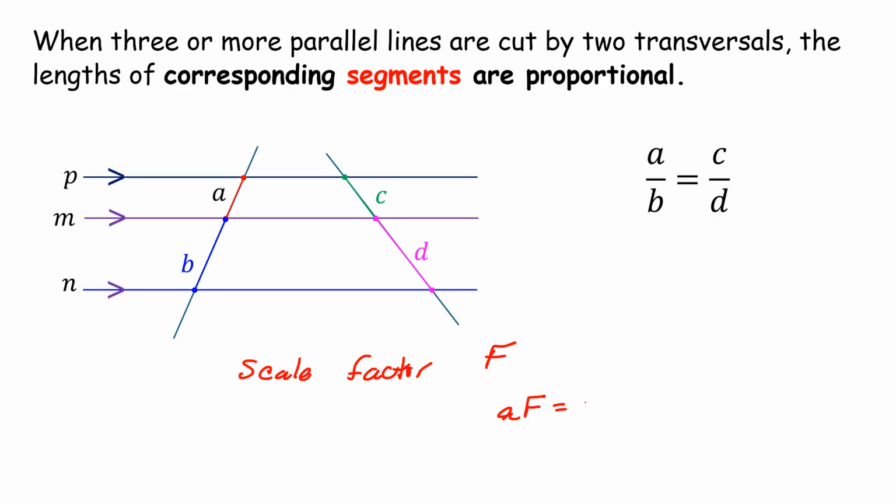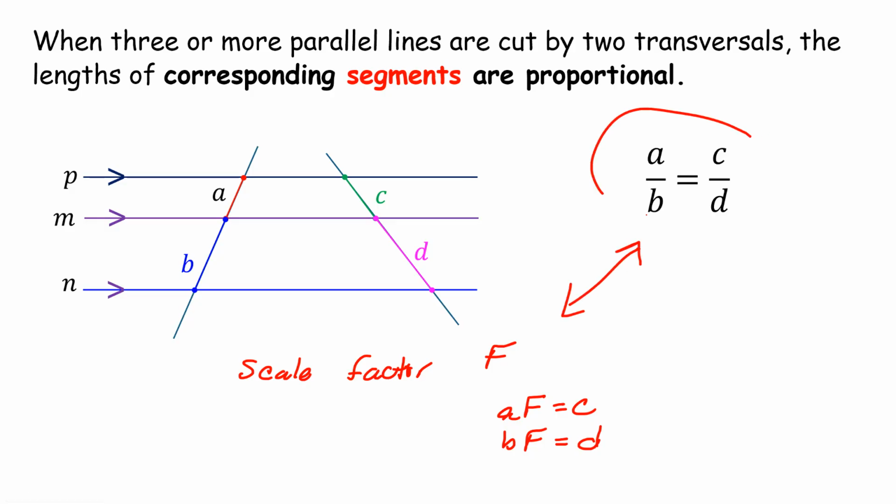AF would equal C, and BF would equal D. So there is a number, one number, that if you multiply a segment on the left by that number, you will get the segment on the right. These two things mean the same thing.